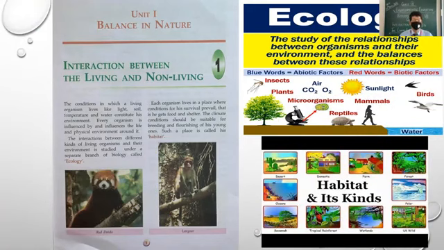In this chapter, we are going to study about the interaction between the living and the non-living. But before that, let us see why we are studying environmental education. Environmental education is all about learning the way we should live and how we can develop sustainable strategies to protect the environment.